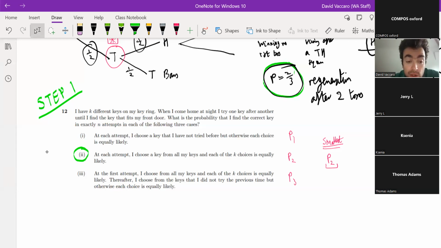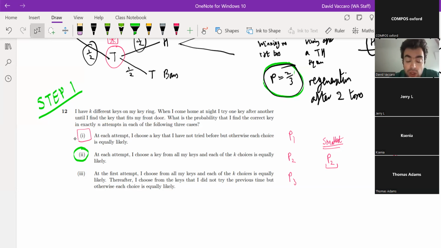The best way of doing it is just to systematically work through your key ring and never try the same key twice. And that is the method achieved by P1. P3 is some sort of mixed strategy.